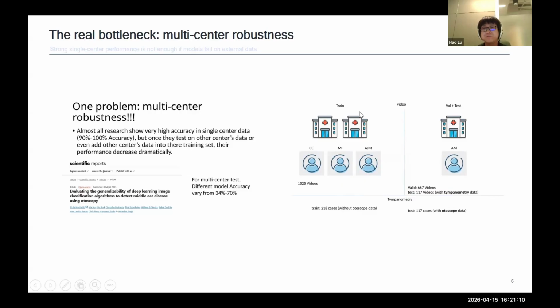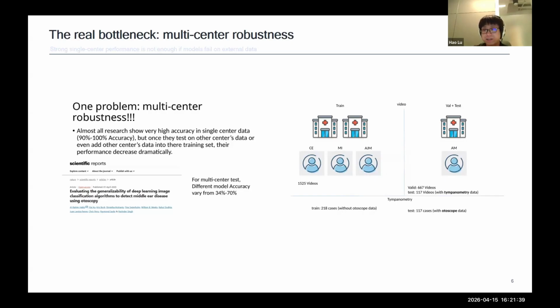So first, we build a large data set from multi-center. The training data sets are collected by 3 different doctors and only from the NCH center. And then the validation and test set is collected by a totally different doctor from a totally different center.